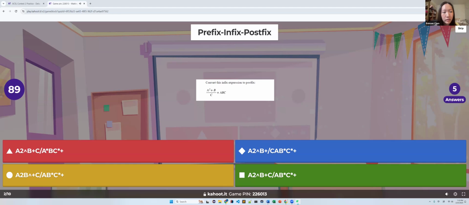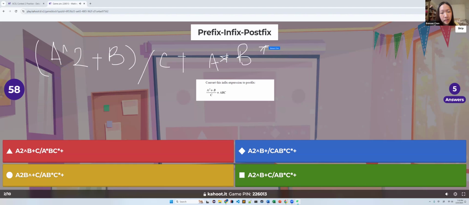So we have a, and this turns into a caret 2 plus b divided by c plus a times b times c.